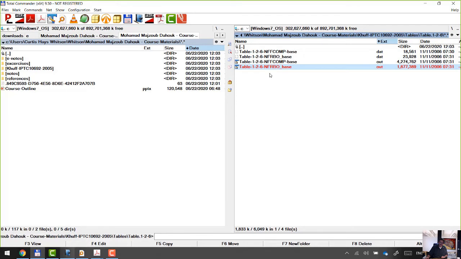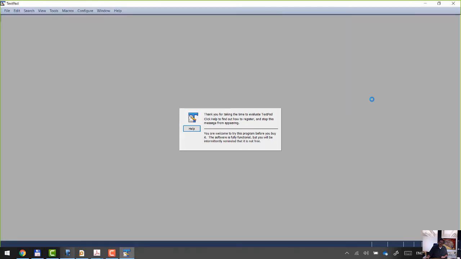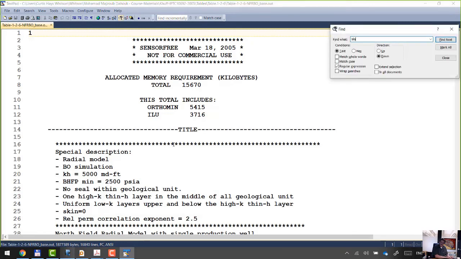The output file, it says NFRBO_base, the output file. And then we search for black.